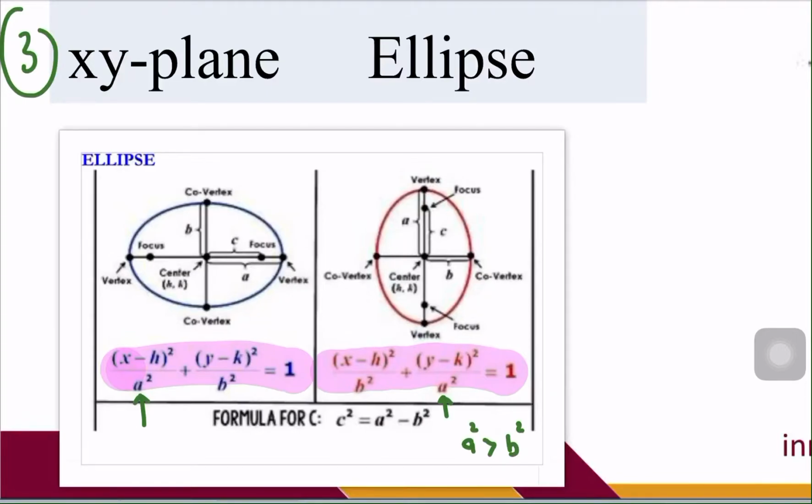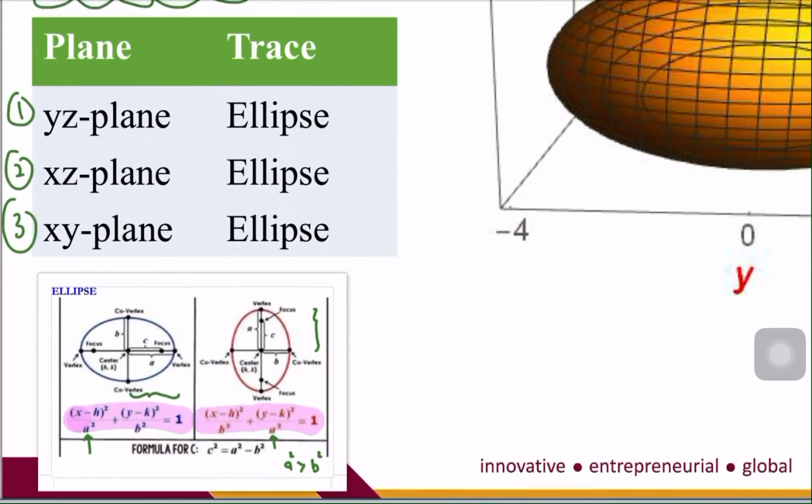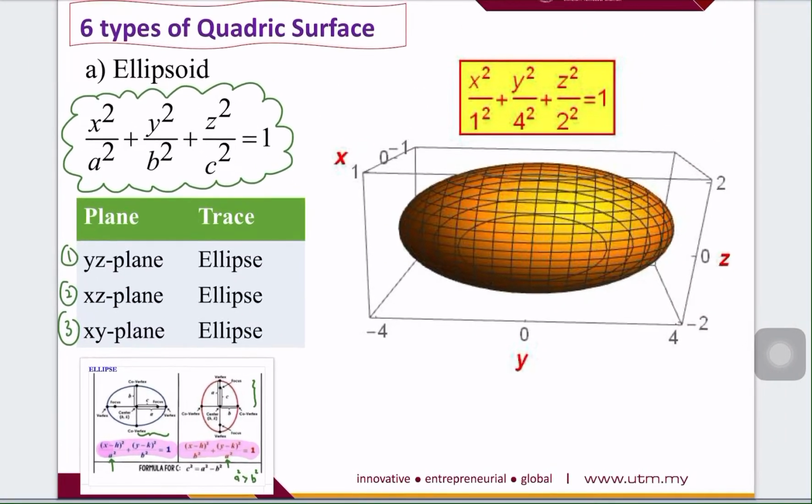You need to know the difference. Here a is the length, the radius, from the center (h, k) to the vertex. Same goes for this one: this is a because it is longer, and a is a bigger number than b. So you need to look back at the standard equation for the ellipse.